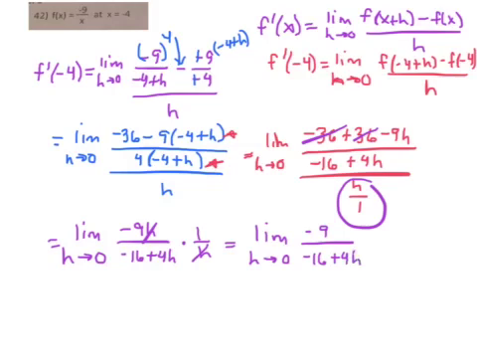But we want to evaluate the limit here, so we want to put a 0 right here where h is, which means that this is really 9 over 16. And that is our answer. The other way, using the other definition, works pretty similarly. It might be a little bit easier, might not, but you should still get 9 over 16 either way.